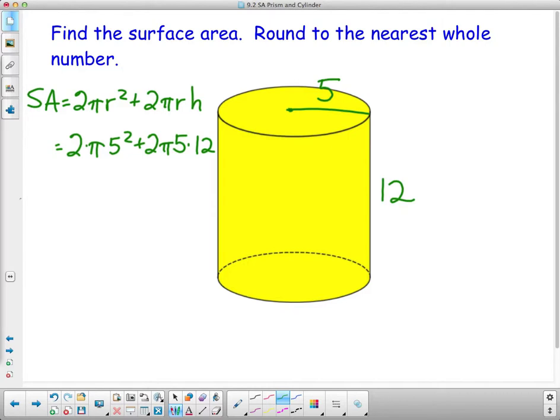You know how to do each half and then add them together. So you have to do each part separately on the little cheapo calculators. You have to do the 2 pi 5 squared, get that answer, and then do the other part and then add them together.